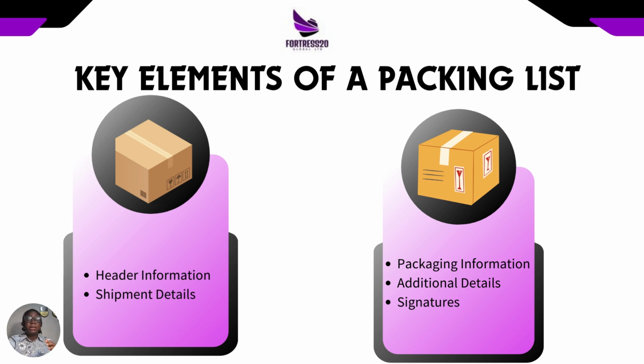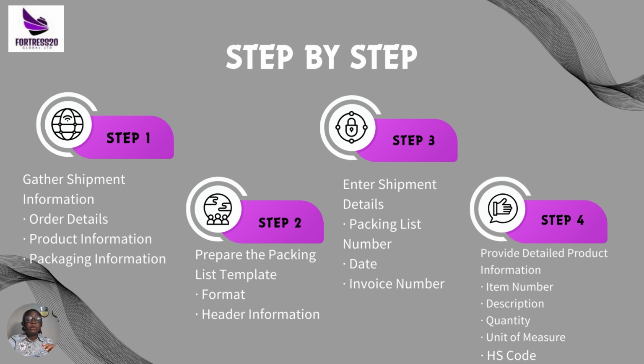The last element is the signatures. It includes the authorized signatory in the packing list. When you include these elements, it ensures that the packing list is complete and useful for everyone involved in the shipment.